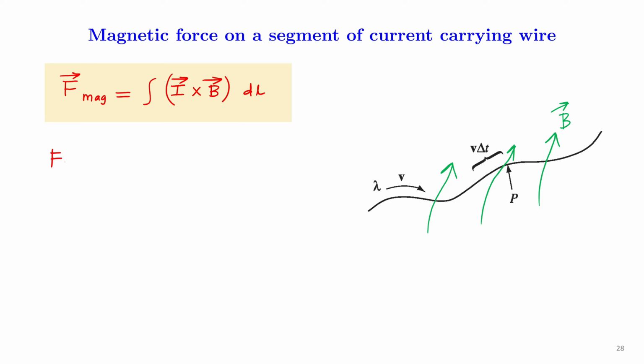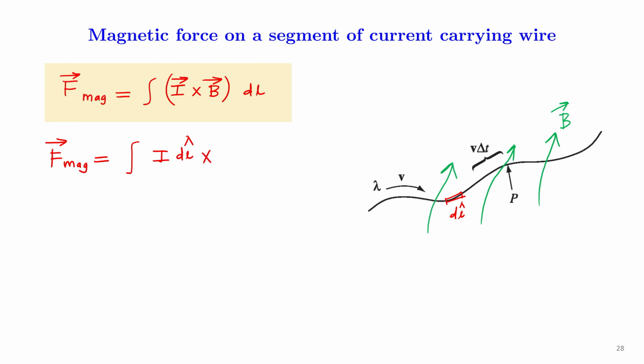So F mag, as we have seen, is equal to integral I cross B dl. We'll write the current vector I as I dl hat, since the direction of I is along the direction in which the unit vector dl hat is oriented.